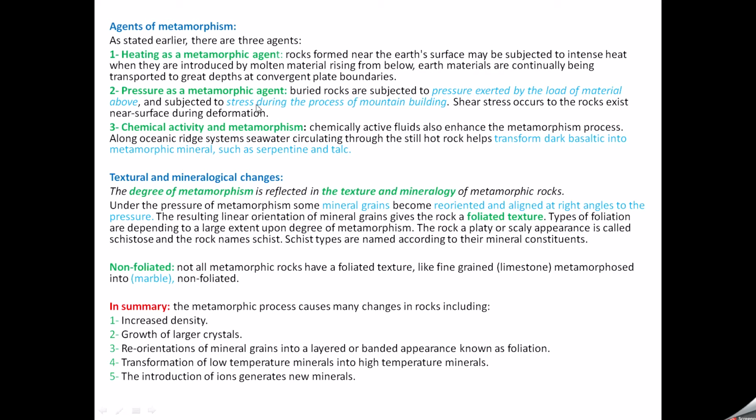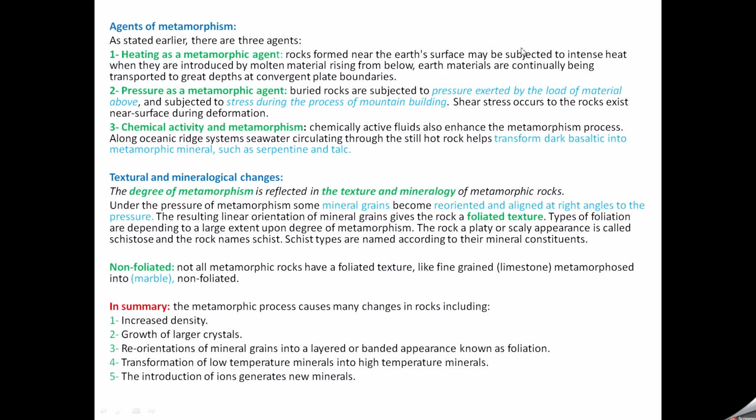And the other place where we have pressure is mountain building, the main factor of metamorphism. Here there's a note: shear stress occurs to the rocks near the surface during the formation. So any rocks near the surface will have shear stress.